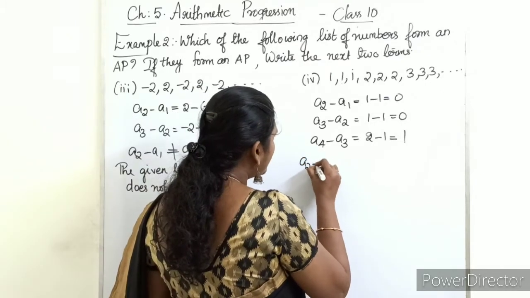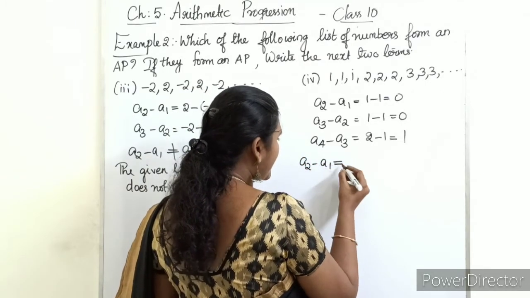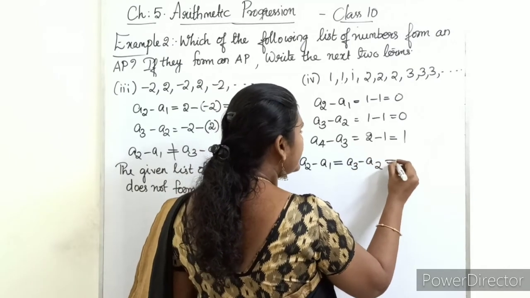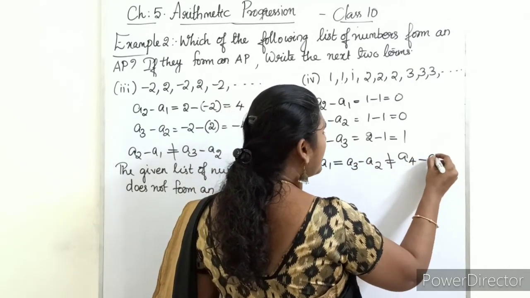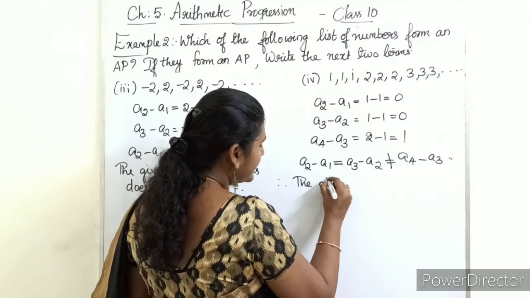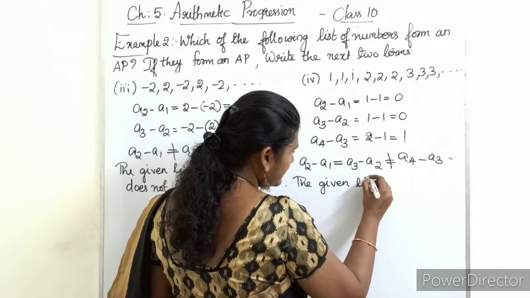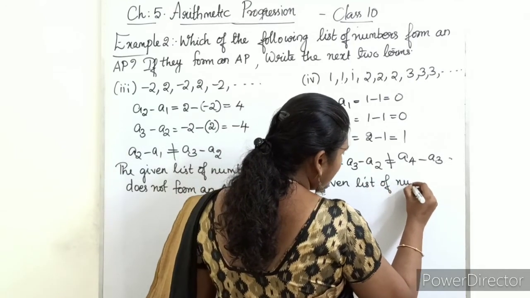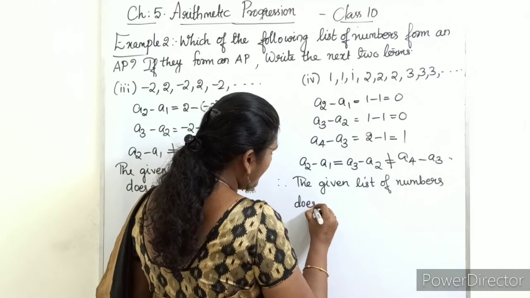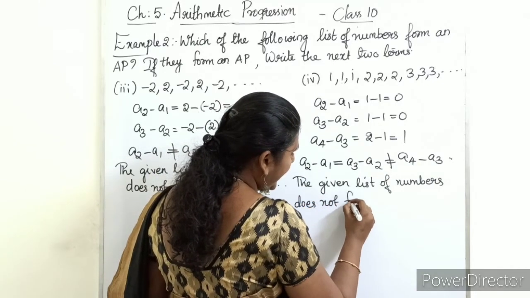So A2 minus A1 is equal to A3 minus A2, but this is not equal to A4 minus A3. Therefore the given list of numbers does not form an AP.